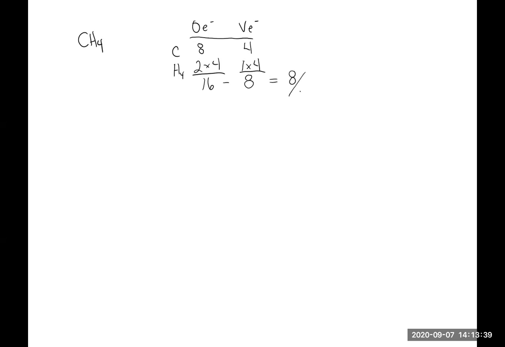We're going to divide by 2 because there are 2 electrons in each bond, and then we get the number of bonds, which is 4. Carbon is the central atom here, and it's going to be flanked by 4 hydrogens. That gives carbon 4 bonds.